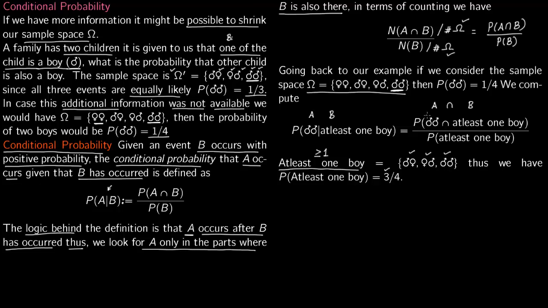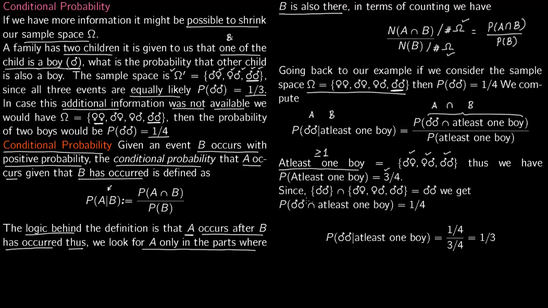Now we want to focus on A intersection B, that is this portion right here. So two boys intersection with at least one boy. I'm just copying this down here. So you intersect it, you just get this, two boys. So this is just one outcome out of the entire sample space of 4.